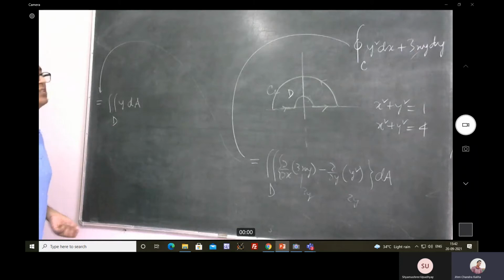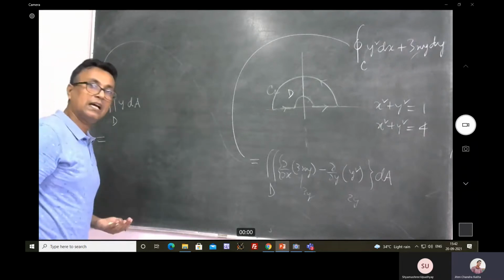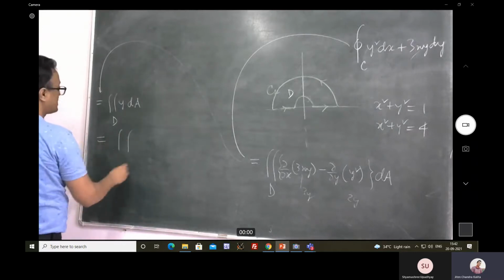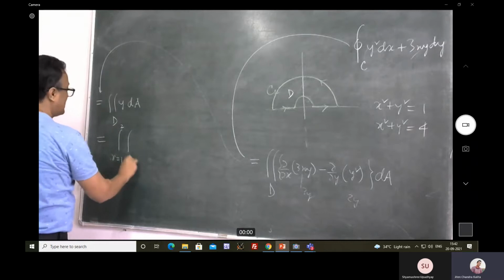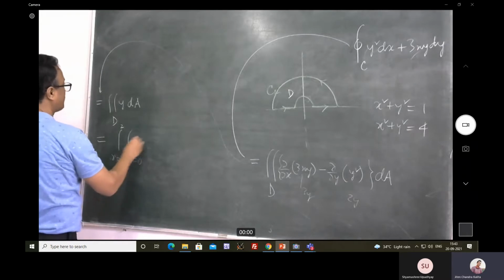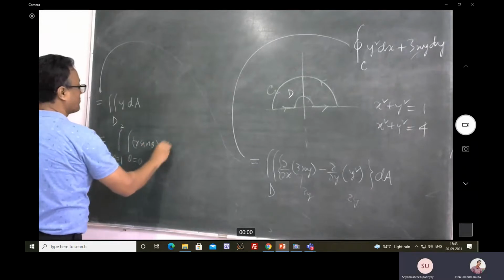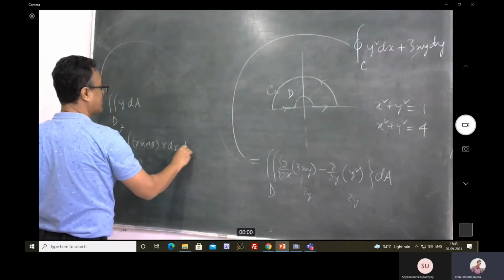You know that if I express this region in polar coordinates, my job is going to be much easier. I will use r cos theta and r sin theta for x and y. Then r goes from 1 to 2, and theta goes from 0 to pi, because I am considering only the upper half of the plane.